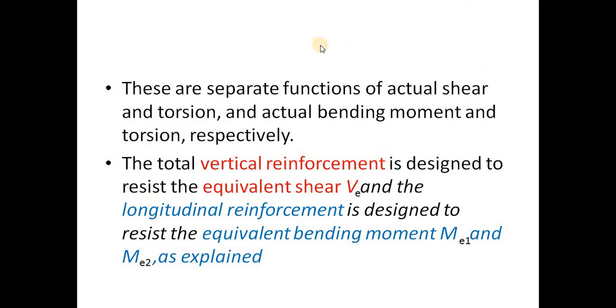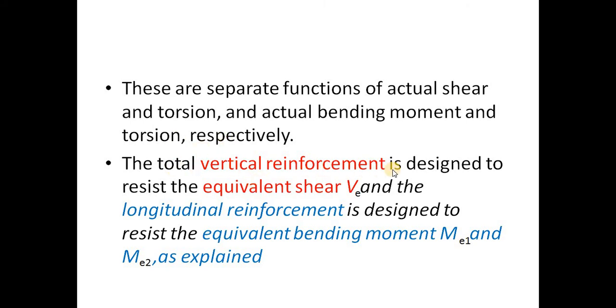There are separate functions of actual shear and torsion, and actual bending and torsion, respectively. So separately consider the actual shear which is getting induced and the additional shear due to torsion, that is the equivalent shear, which we have studied. Then the actual bending moment and the torsional bending moment respectively.